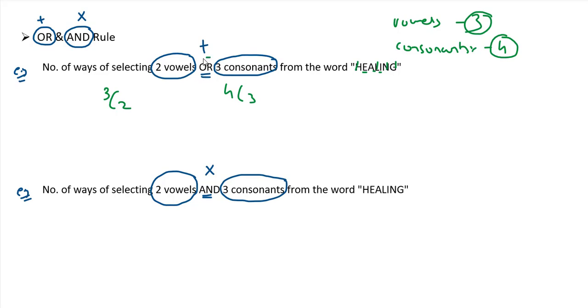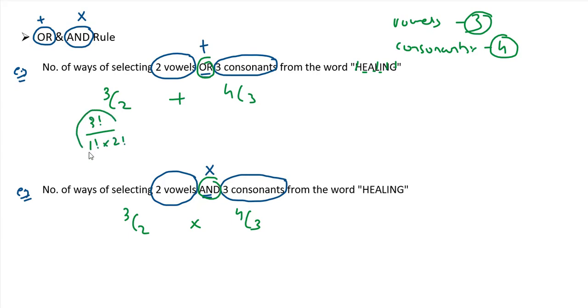Now since we have OR here, so we will add these values. Whereas in the second case, we still need to select 2 vowels and 3 consonants. So the formula will remain the same, 3C2 and 4C3. And since we have an AND over here, we'll multiply these 2 formulas. So this will become 3 factorial upon 3 minus 2, which will be 1 factorial, into 2 factorial.